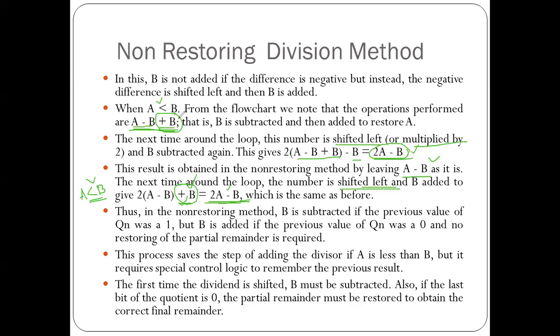Okay. So in restoring method, we will add B and then we will shift and then again subtract. But in non-restoring method, we won't add B, but first we will shift and then we will add B. Whenever you shift left side, whatever value was there in the E flip-flop, which holds the value due to subtraction, we will lose this value in restoring method.